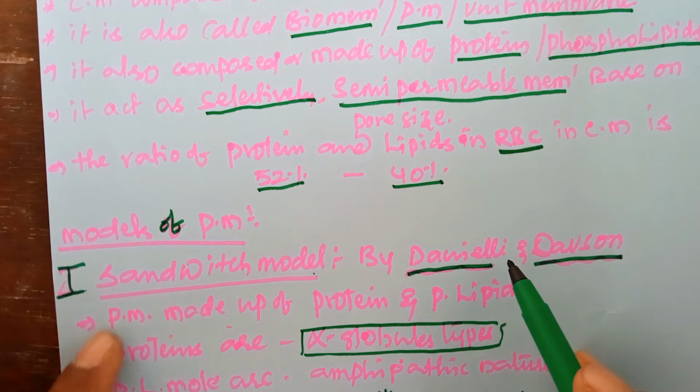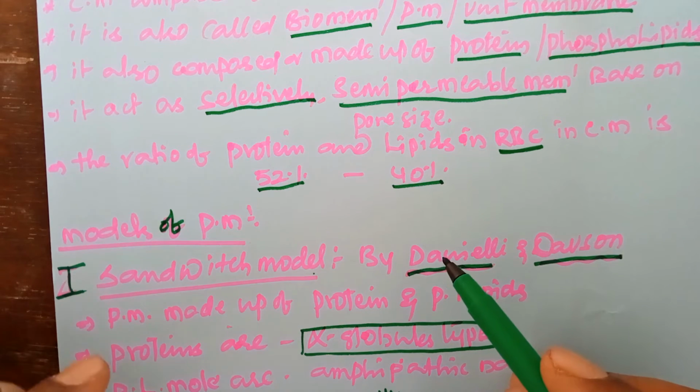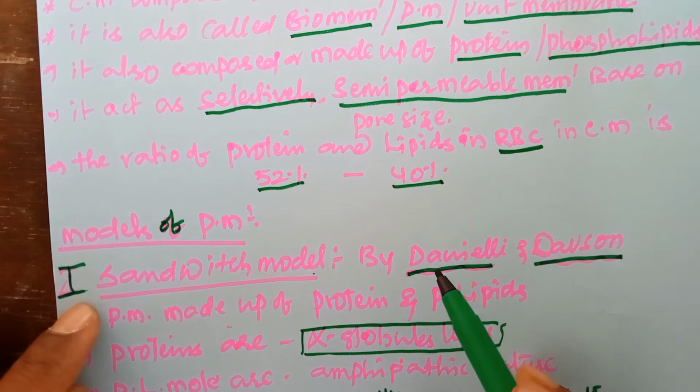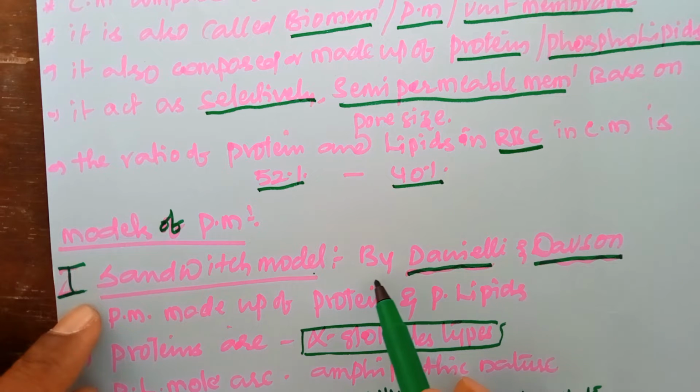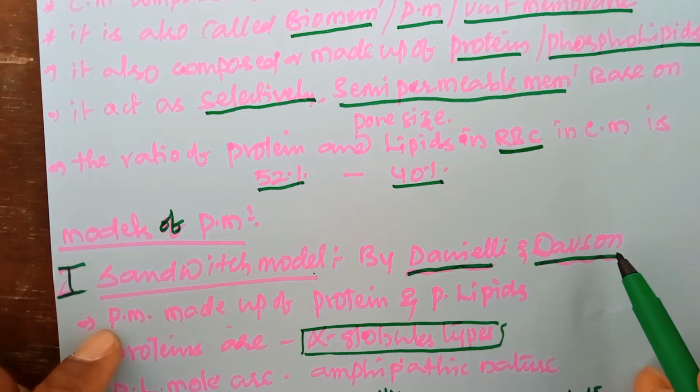Both scientists explained the structure of the sandwich model. Based on the structure of the plasma membrane, there are 3 types of models.